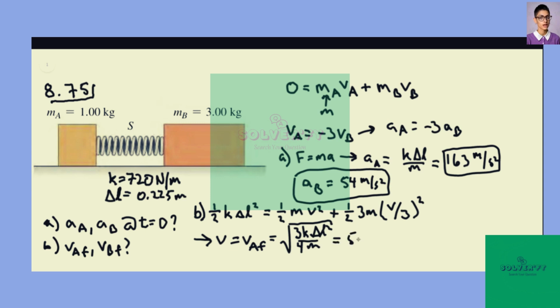And now this is 5.23 meters per second. And because we know that 1/3 of that is going to be the final speed of B, we can just divide by 3, and we get that that is 1.74 meters per second.